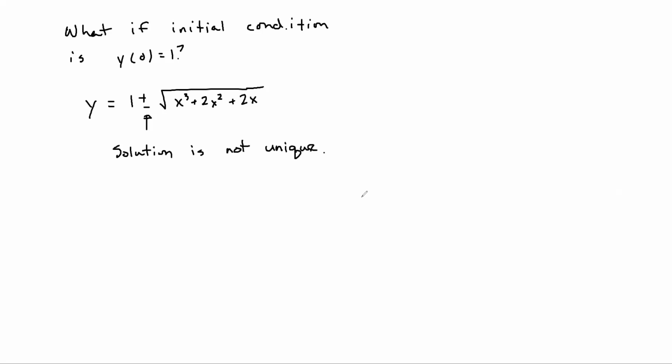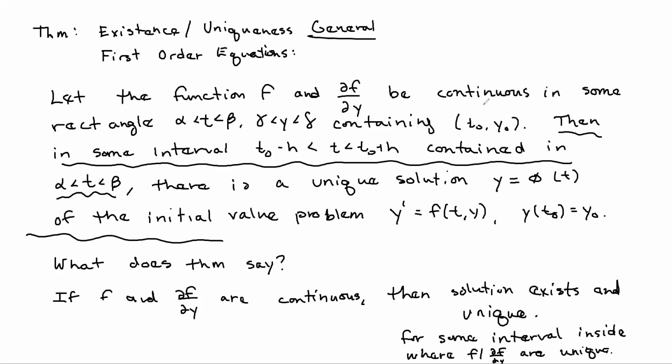We like to have only one solution to our differential equations. So in this particular case, when the theorem did not apply, where we could not find a region where f and partial of f were continuous that contained t naught, y naught, the outcome was that we did get a solution, but it was not unique.